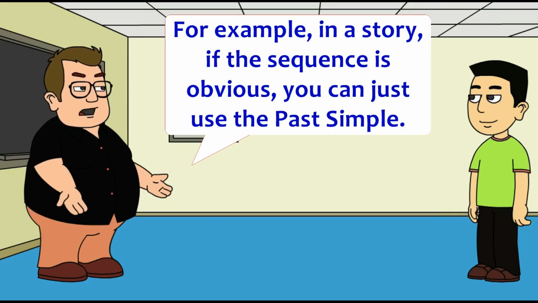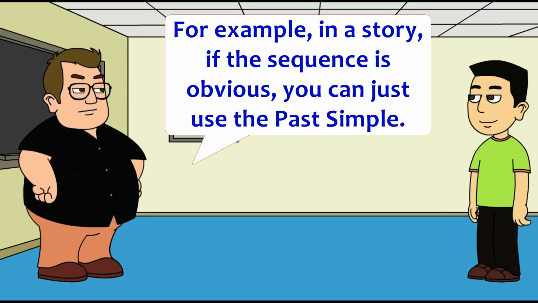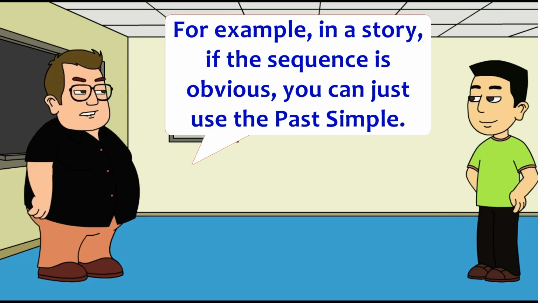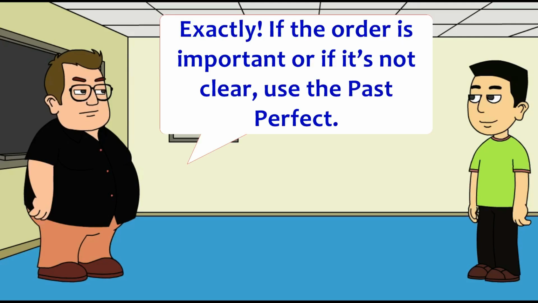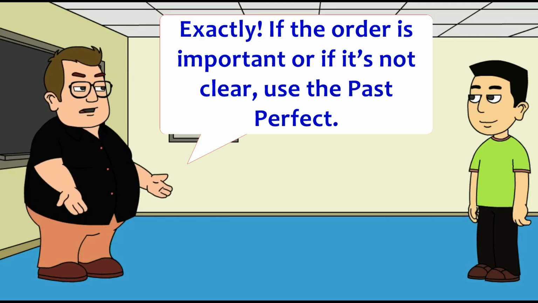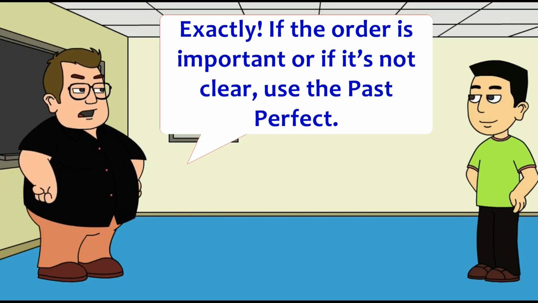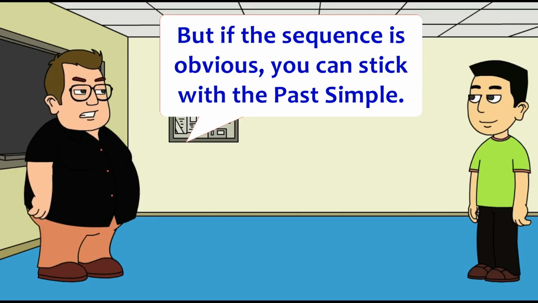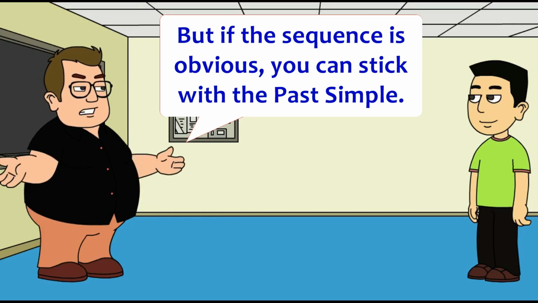For example, in a story, if the sequence is obvious, you can just use the past simple. So, it's more about showing the order of events when it's not clear? Exactly. If the order is important or if it's not clear, use the past perfect. But if the sequence is obvious, you can stick with the past simple.